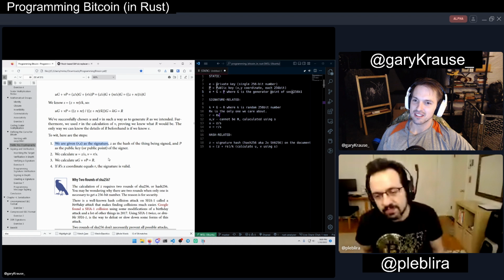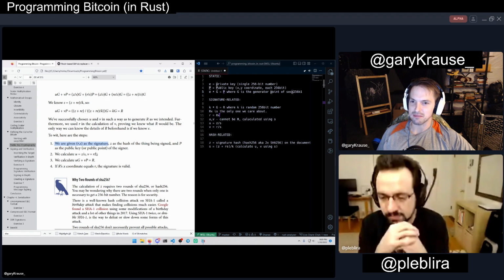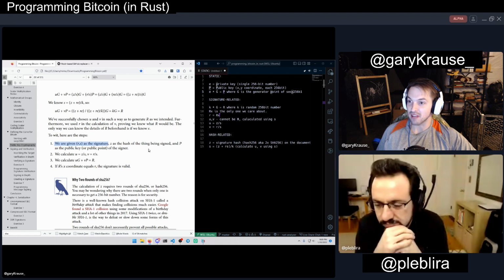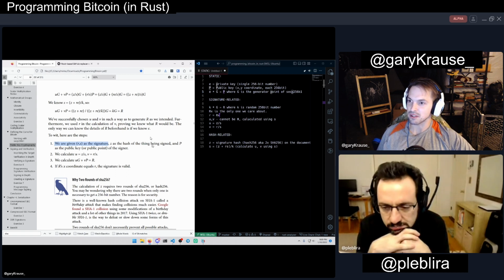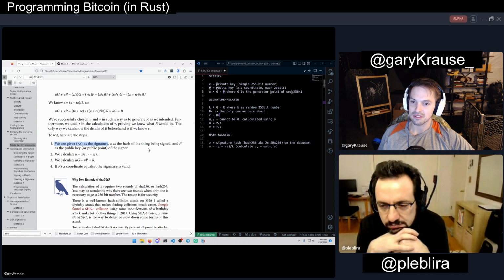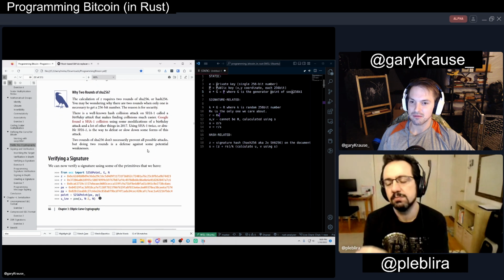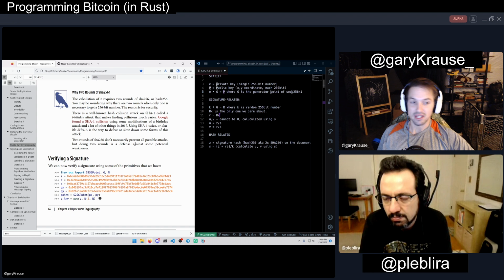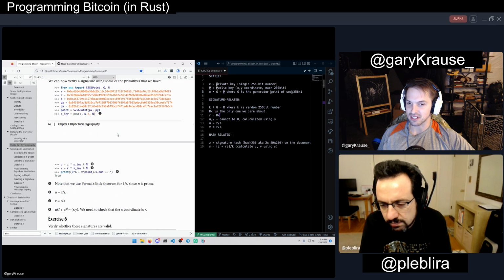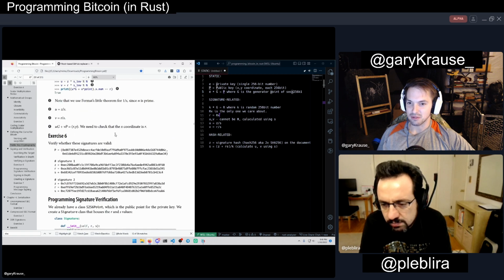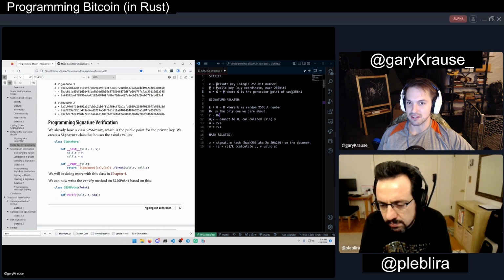Okay. And then we go in and do all this fancy math, and basically it's just validating the signature for the hashed content, right? That's what we're doing. And then it goes into coding for that specific verification of the signature, which we didn't get to yet because we haven't refactored.